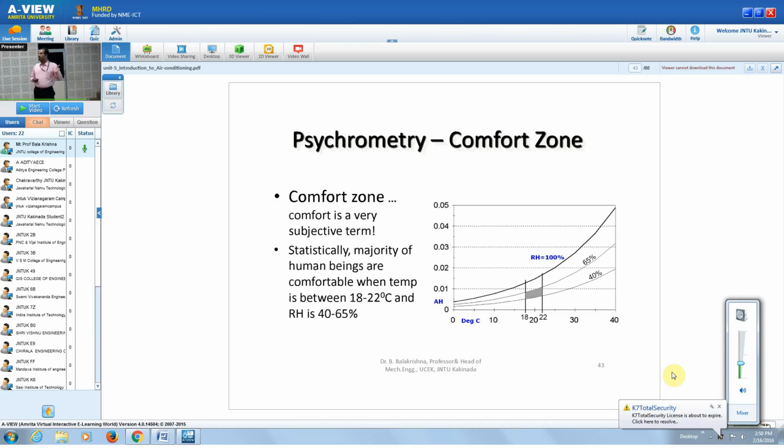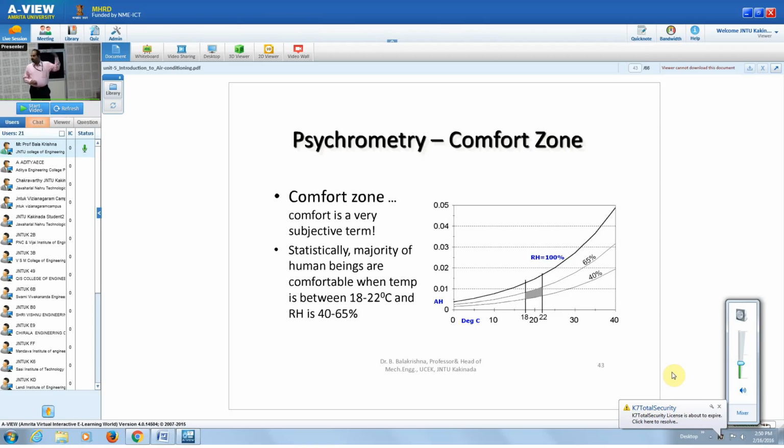So in competitive exams also, the dry bulb temperature, DBT, for comfort, is between 18 to 22 degrees centigrade.